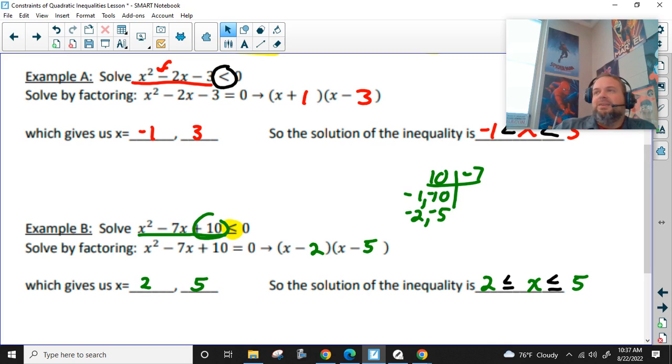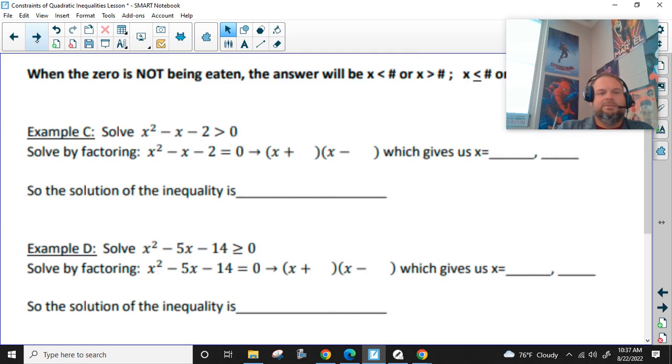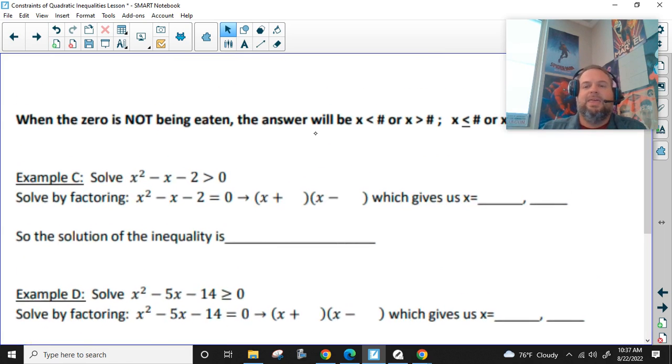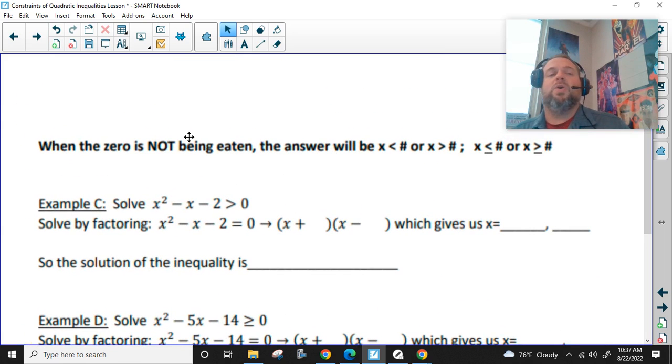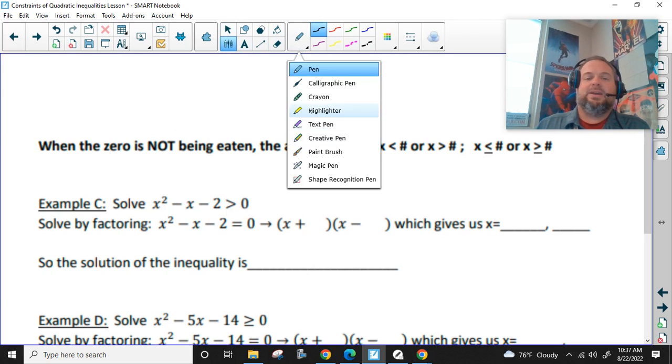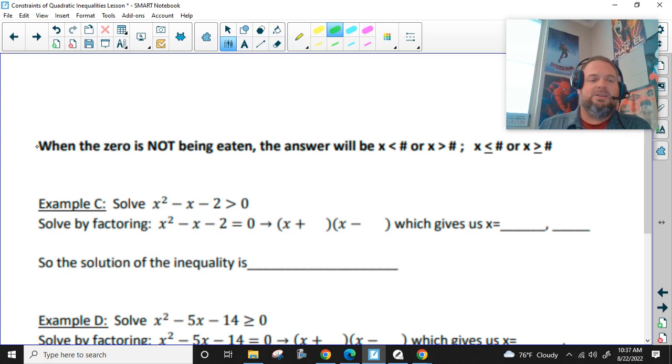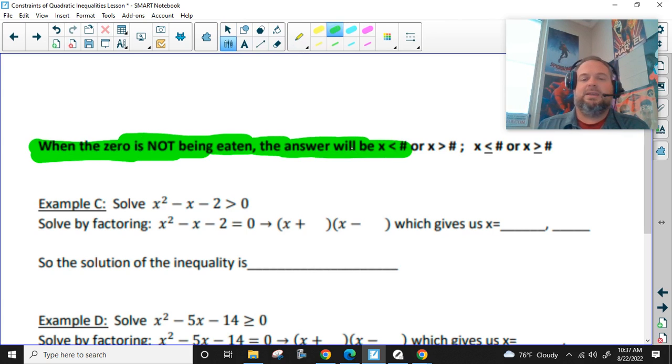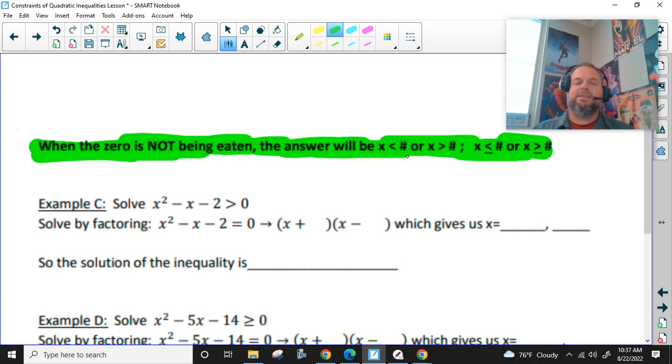All right. So we good with the first 2 examples. Now, when the 0 is not being eaten, this is when you look at it and it's like this. Now, I couldn't put a different "or" in between here because it wouldn't make sense.